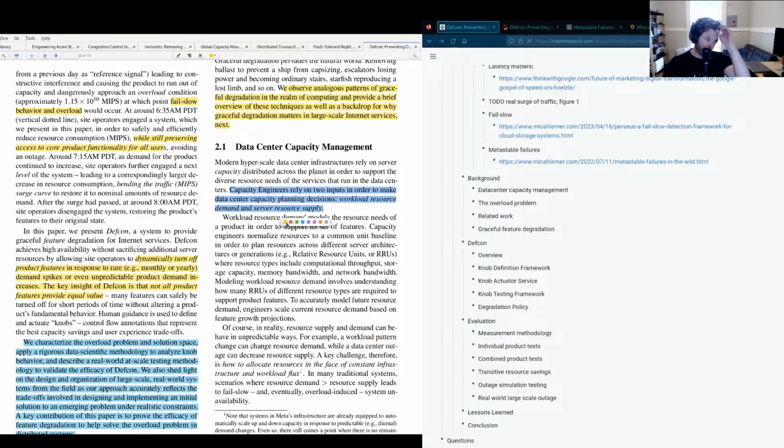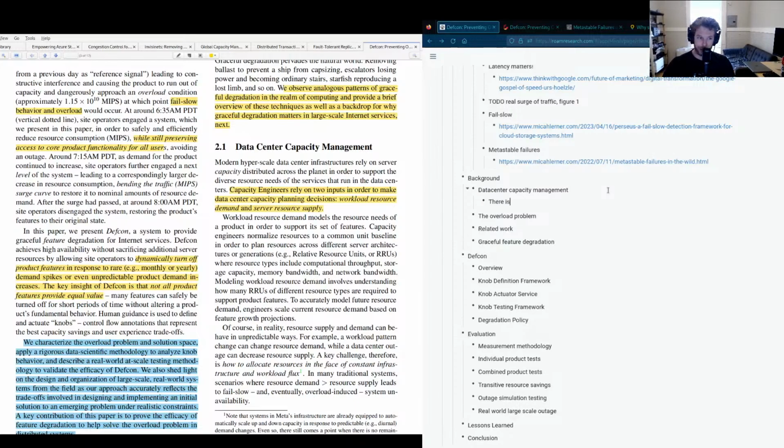Capacity engineers rely on 2 inputs in order to make data center capacity planning decisions: workload resource demand and server resource supply. So there's a clear connection to Flux here, which is the paper that I read around Facebook or Meta's capacity management.